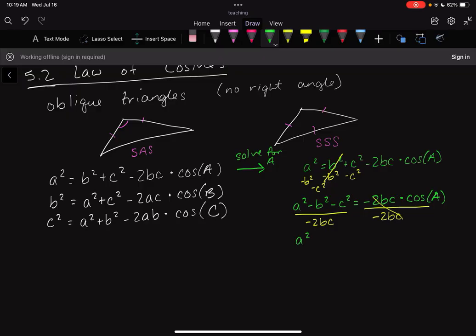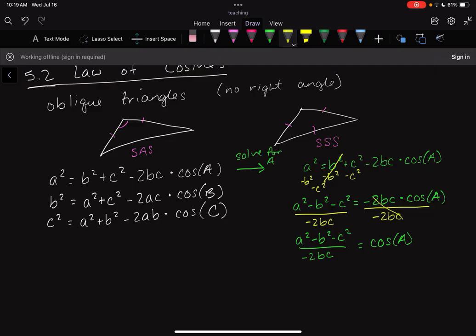So I'm left with a squared minus b squared minus c squared over negative 2bc is equal to cosine of A. And remember, when you're looking for an angle, you're going to use the inverse function.